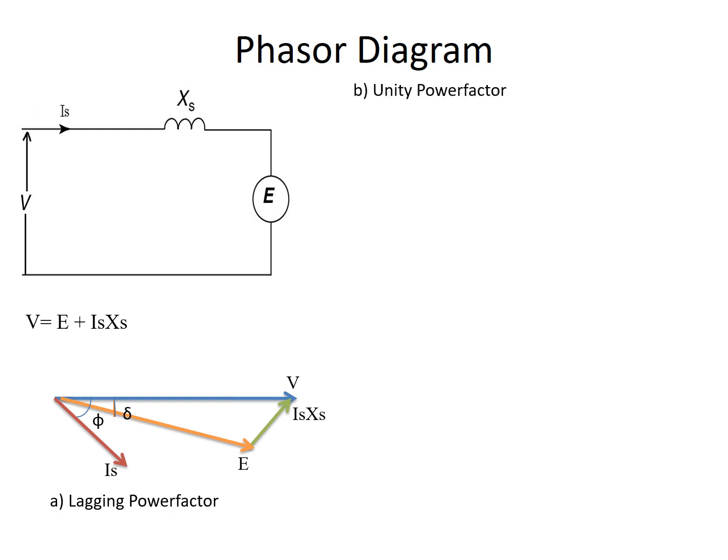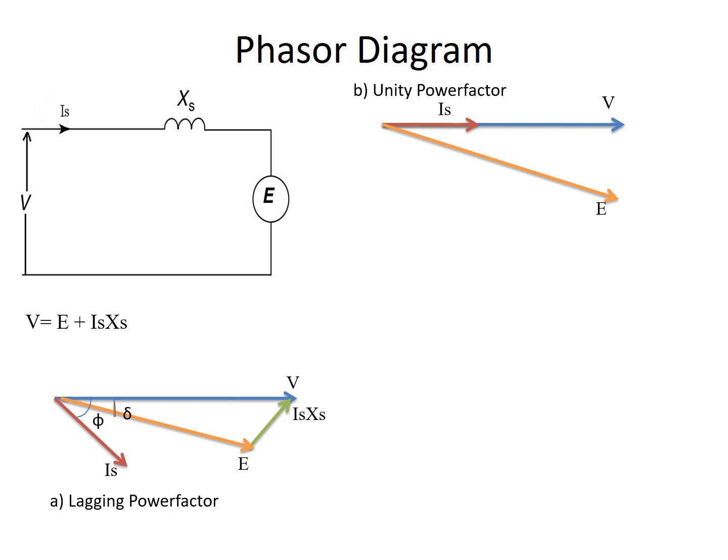If we were to draw for unity power factor, we know that phi is 0 over here. So first I will draw V, and since phi is 0, Is will also be on the same line. Then I can draw E, which will be in this way.